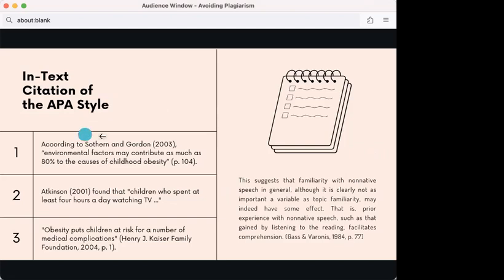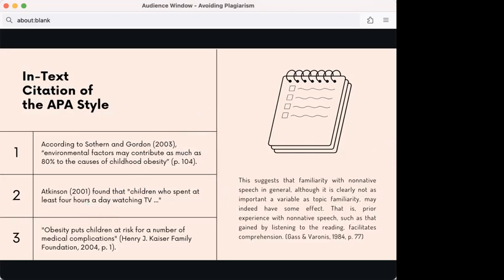Number one is called direct quotation. For direct quotation of more than 40 words, you need to display the quote as an indented block of text without quotation marks and include the author's name, year, and also page number in parentheses at the end of the quote.